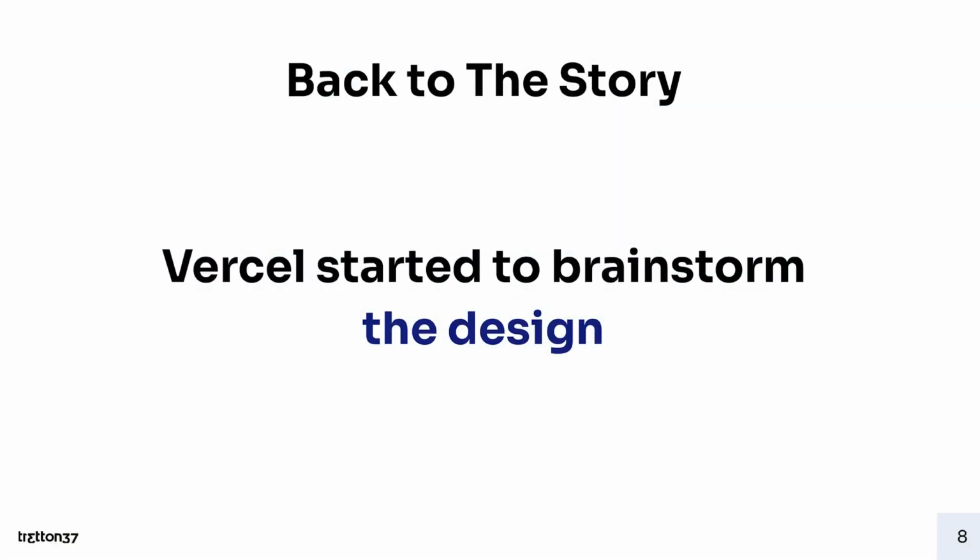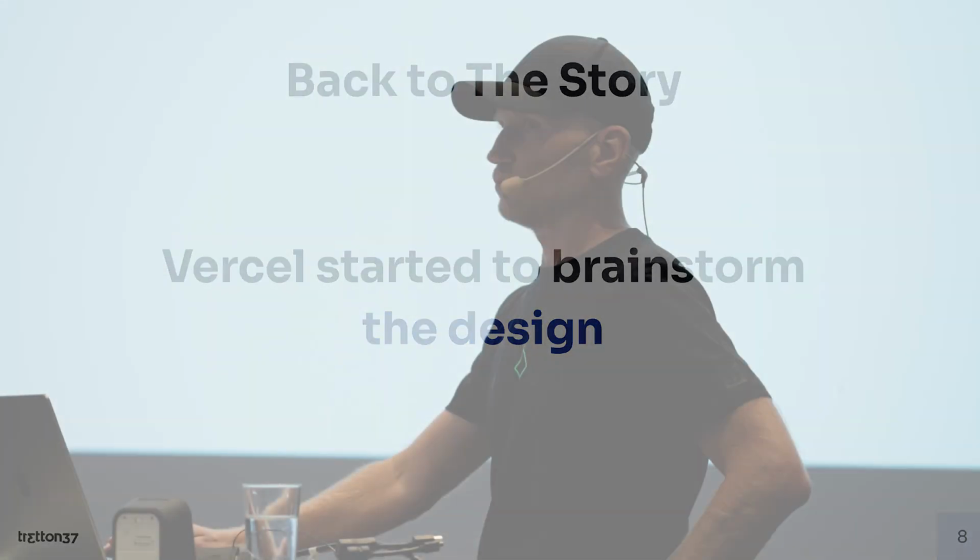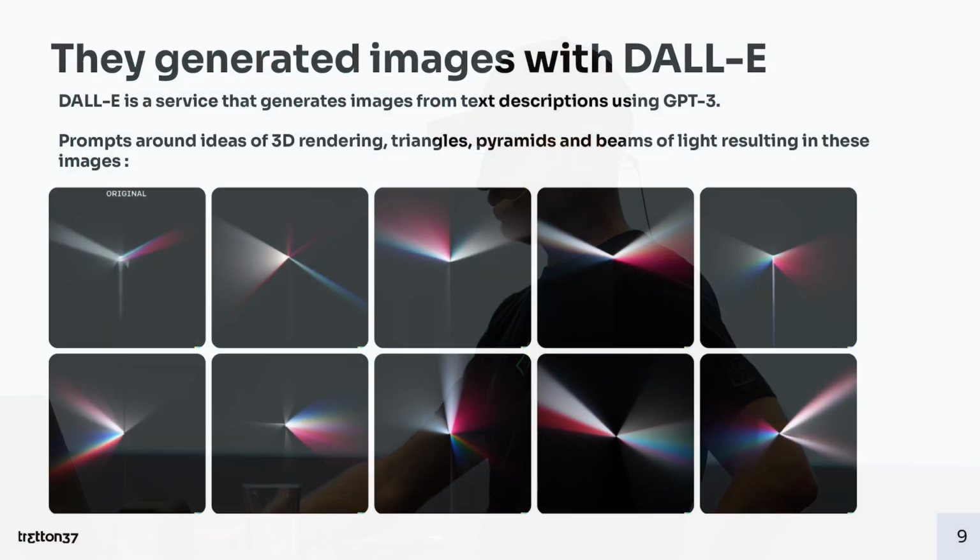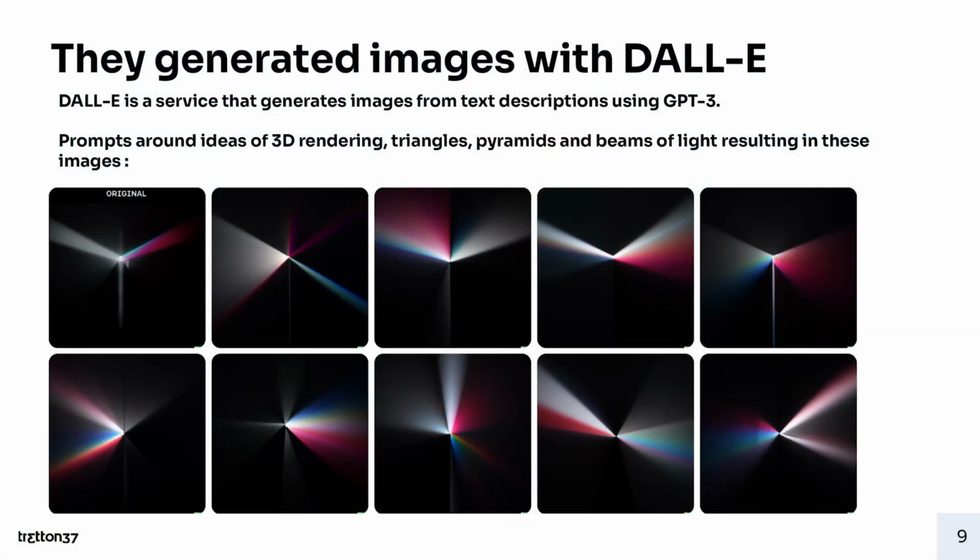Vercel started to brainstorm the design they wanted in this 3D scene for the conference they were going to host a year ago. They started generating images with something called DALL-E, or however it's pronounced.